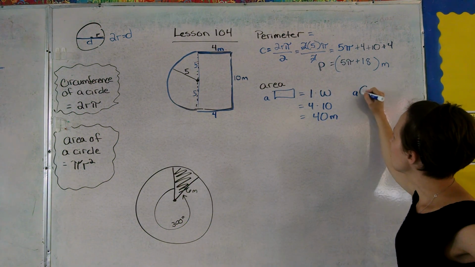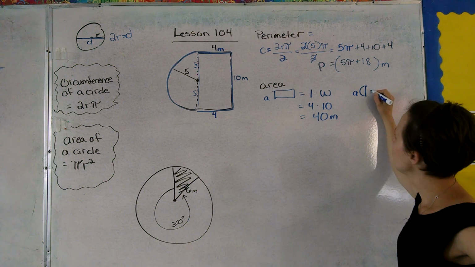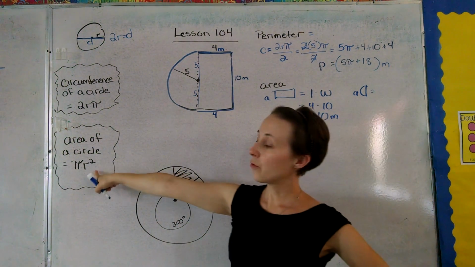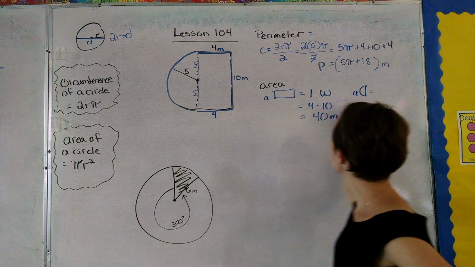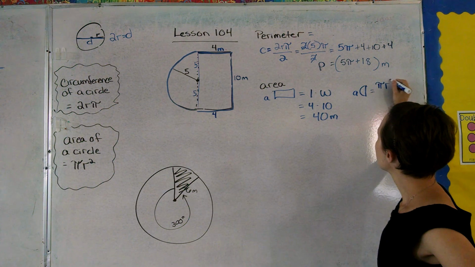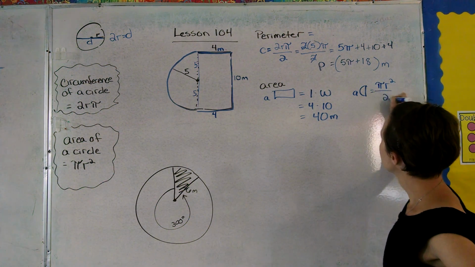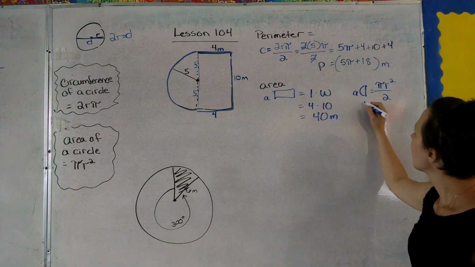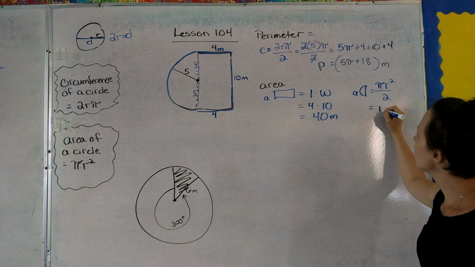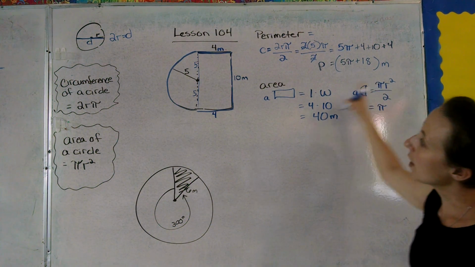Area of my semicircle, I'll draw half a circle here, is going to be the area of a full circle, pi r squared, divided in half, divided by 2. So my area of my semicircle is going to be pi times r squared.